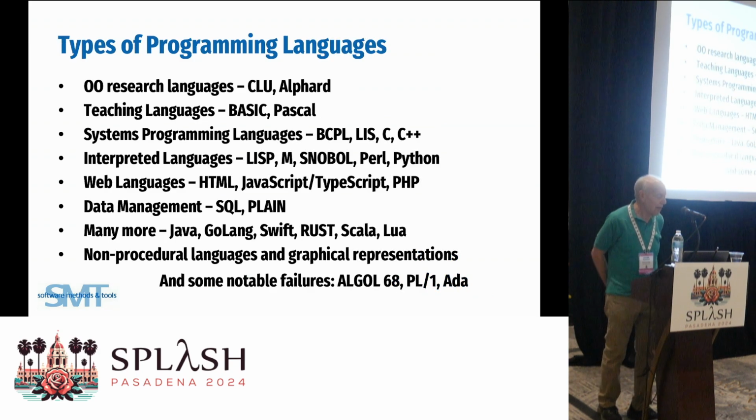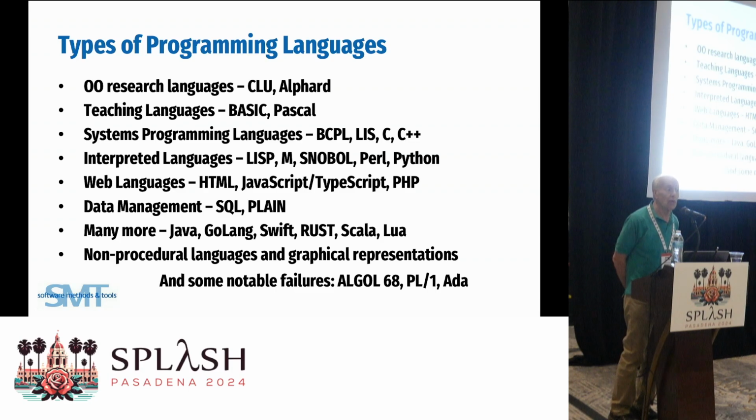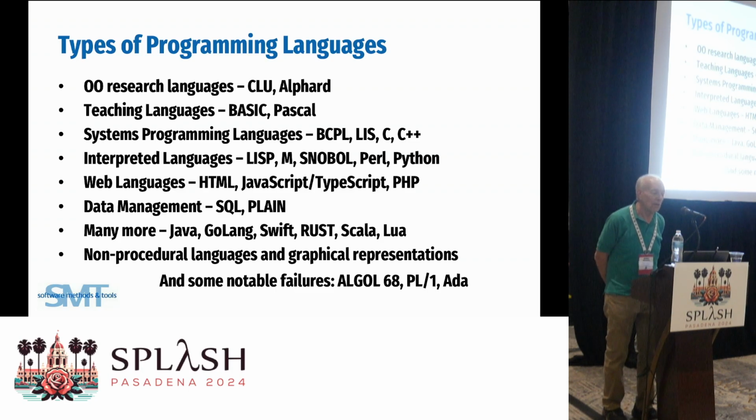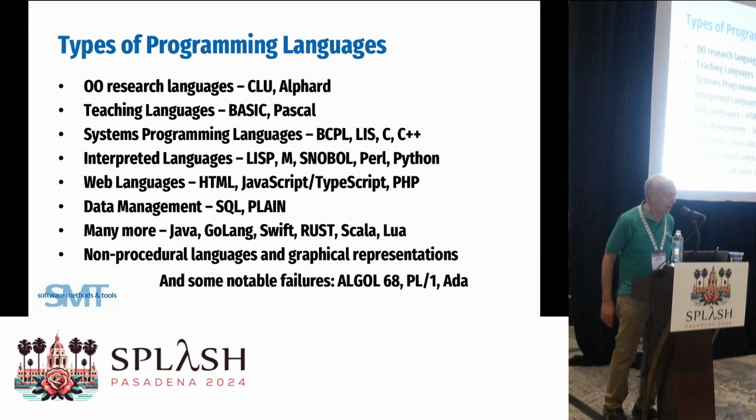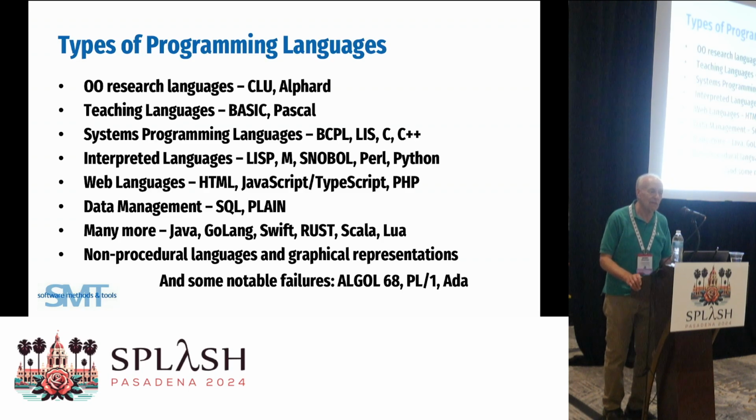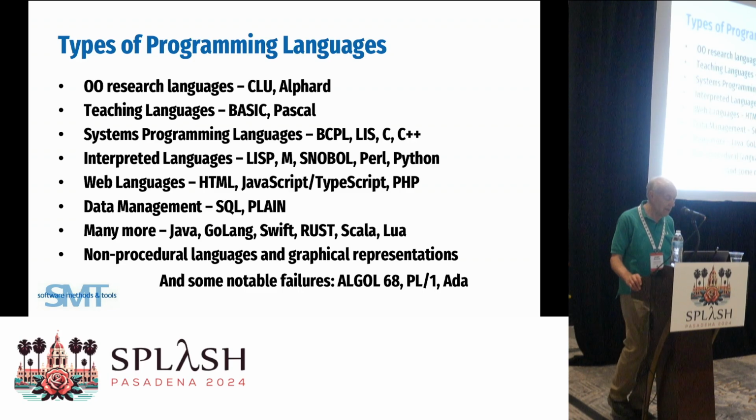So if we look at things, there are a lot of different kinds of programming languages, and we won't go through all of these, but I listed a couple of examples in each category. So object-oriented languages, and research languages, teaching languages, systems programming languages. So those of you who may remember the lengthy design process that came up with Ada. Anybody remember that?